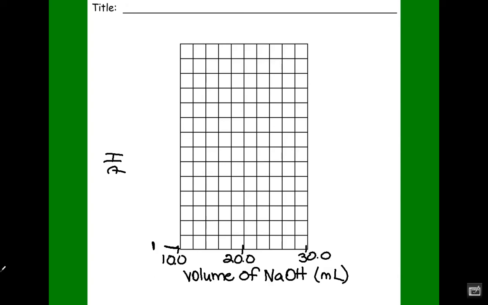So I've got 1, 2, 3, 4, let's make this one 5, 6, 7, 8, 9, 10, 11, 12, 13, 14, and 15. Now, down here, if you are not starting at 0, you need to tell me what you are starting at.